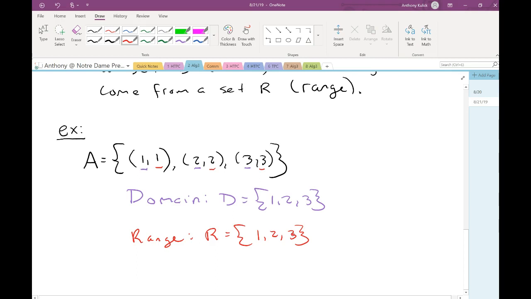Yes, sir. So are domain and range basically like two words for the same thing? The domain and range may be the same set, but they do not have to be the same set. They're both sets, yes.